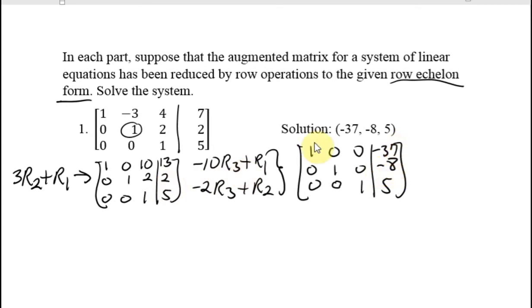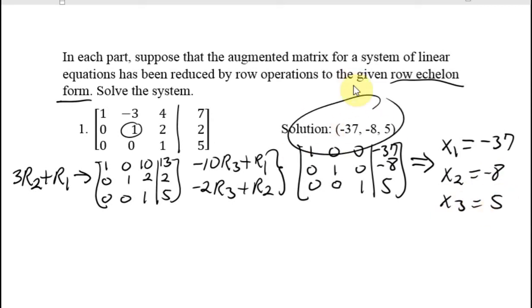Now once you reduce that, you look at it, and what that says is 1 times x sub 1 is equal to negative 37. So this implies that x sub 1 is negative 37, x sub 2 is equal to negative 8, and then x sub 3 is equal to 5. And you get that solution there.